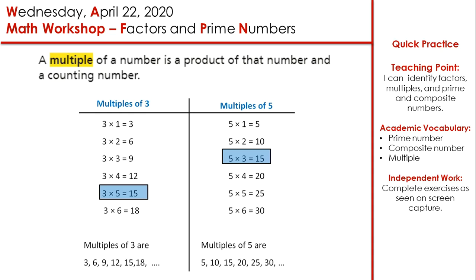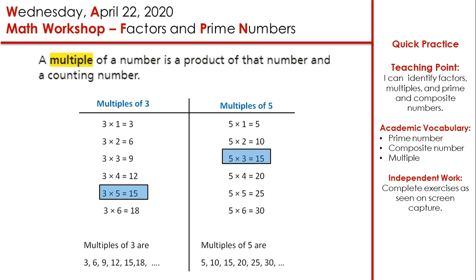So let's say, or actually I have two examples right here with the multiples of 3 and multiples of 5. We have to keep in mind the product, because the product of that number and a counting number will be the multiple.